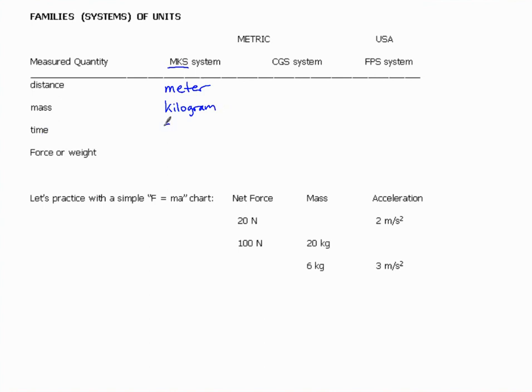Time is the second. And look, see this? MKS, meters, kilograms, seconds. This is your physics family of units. Meters, kilograms, seconds. Force or weight is in units of newtons.